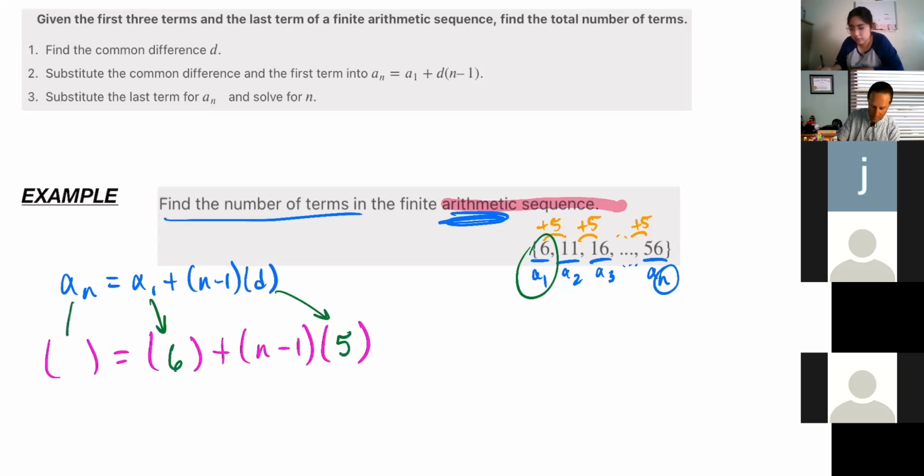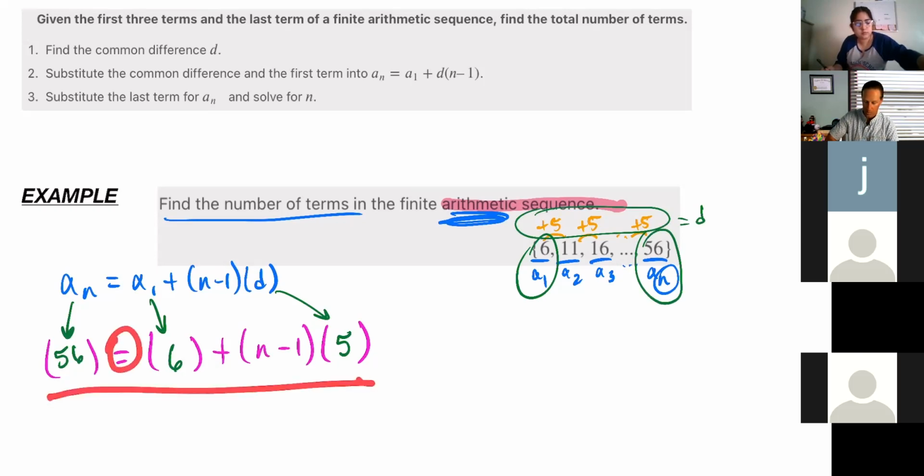And then the one that's a little weird, that is even the reason I'm going over this, is a sub n. That is what? 56. That's the 56. And notice, guys, just like we talked about last unit when we were doing the systems of equations, ultimately the only thing I know how to solve is one equation with one unknown. Now I should be able to solve for that n.